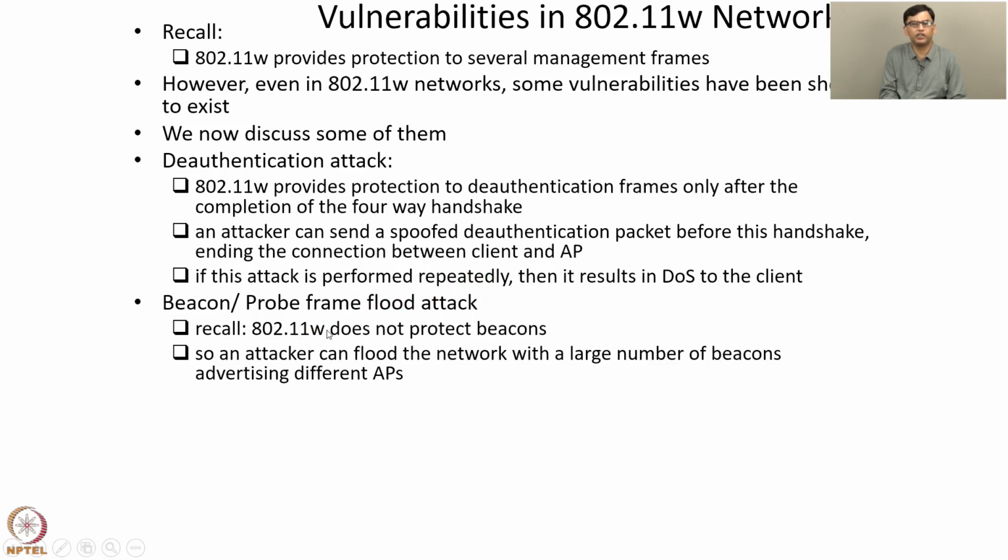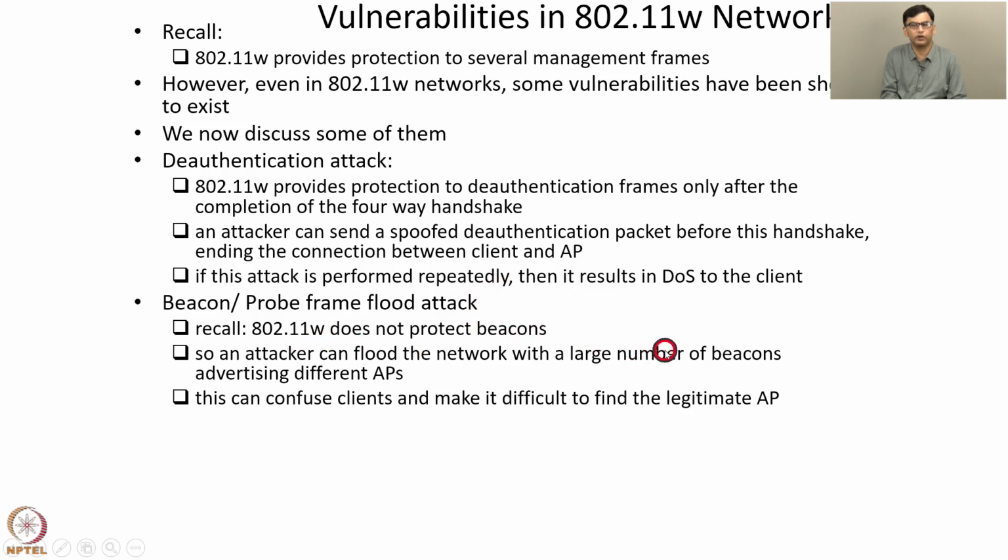The legitimate beacons are sent by legitimate access points, but the attacker can flood the network with a large number of fake beacon packets which advertise different access points which are not actually there in the vicinity. This confuses clients and makes it difficult to find the legitimate access point.